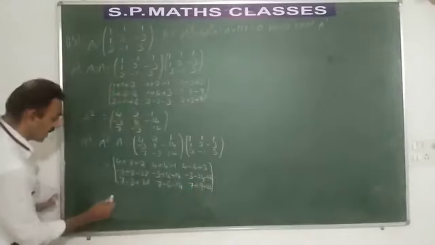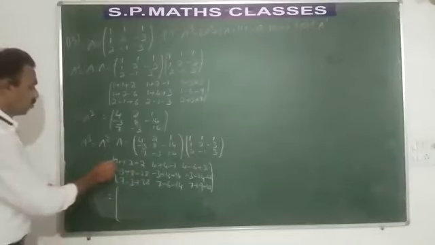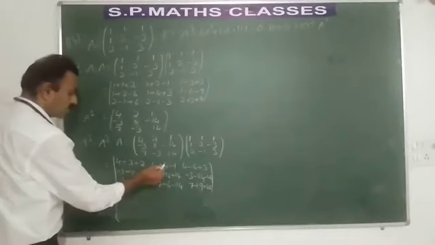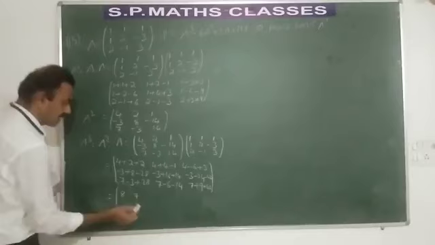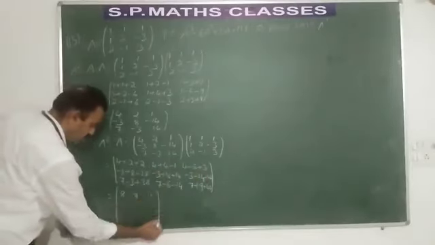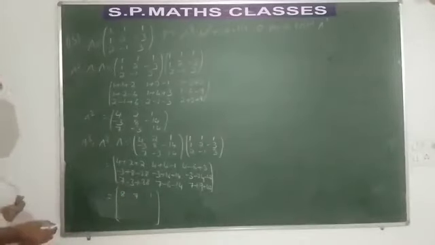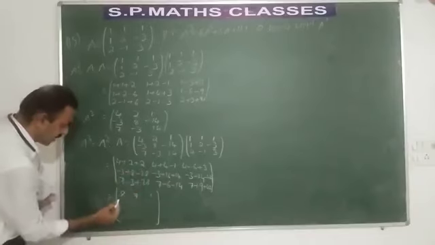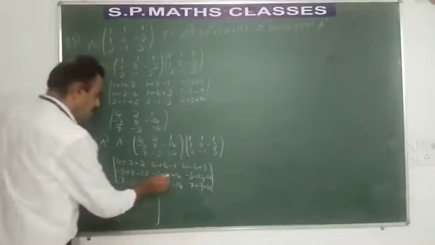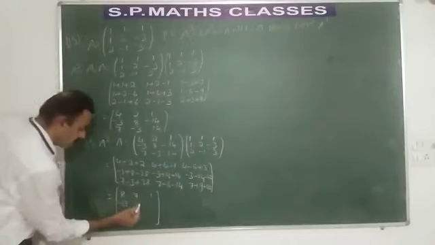Let us see what happens to that 3 cross 3. That is A cube. 4 plus 2 plus 2, it is 8. 4 plus 4, 8. 8 minus 1, it is 7. 4 plus 3, 7. 7 minus 6, it is 1. Minus 3 plus 8 is 5. 5 minus 28, it is minus 23. 16 plus 14, it is 30. 30 minus 3 is 27.